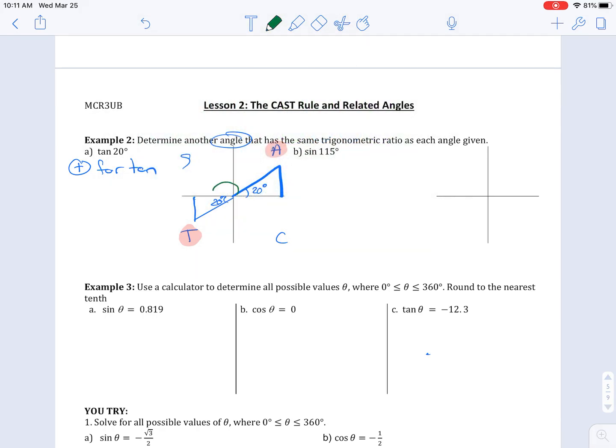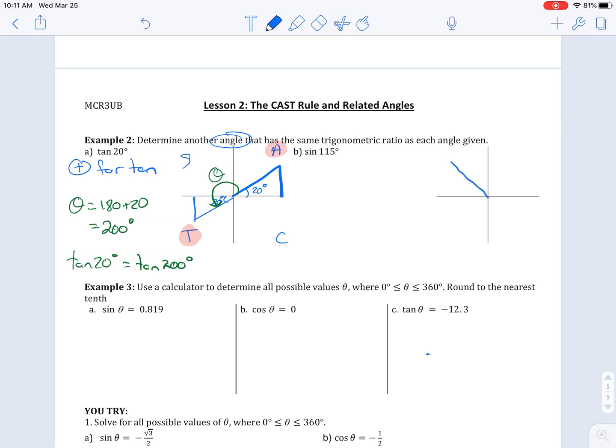So my theta, the one that goes from here to the terminal arm, is going to be 180 plus the 20, 200 degrees. That means tan of 20 is equal to tan 200 degrees. And you can always double check that on your calculator.